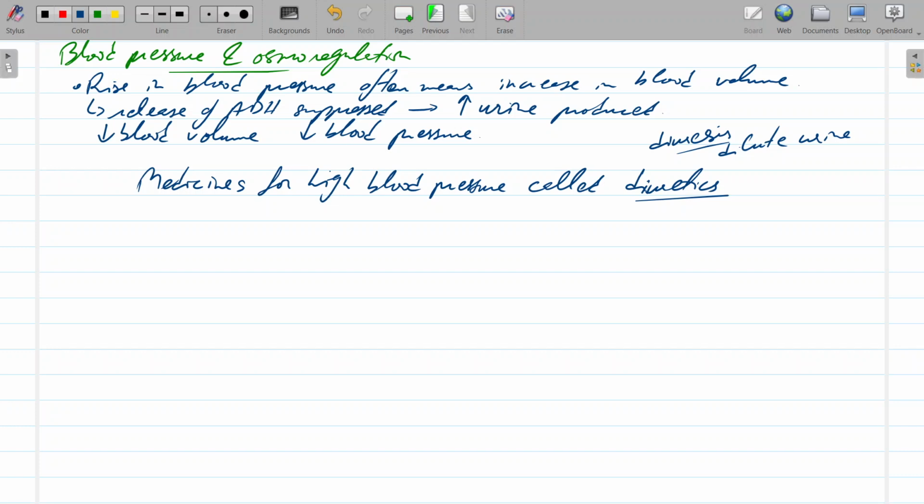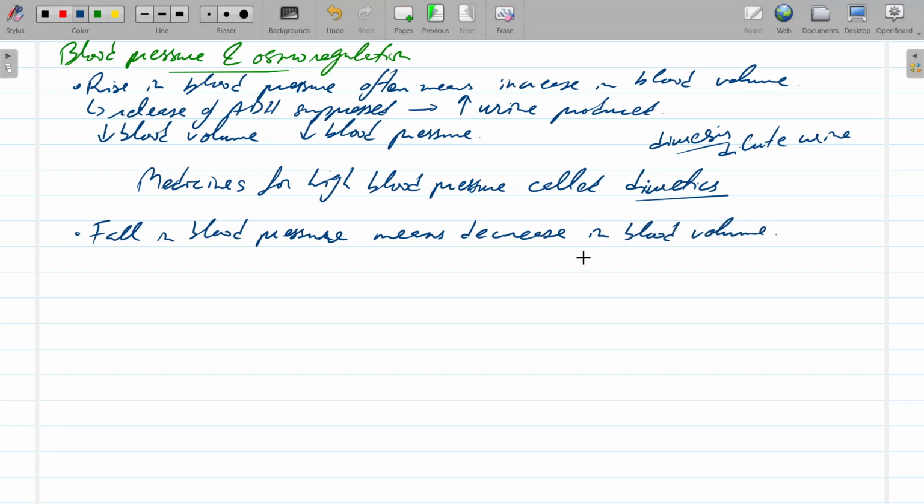Now, if the blood pressure falls, obviously that means a decrease in blood volume, and that would mean release of ADH and less urine produced.